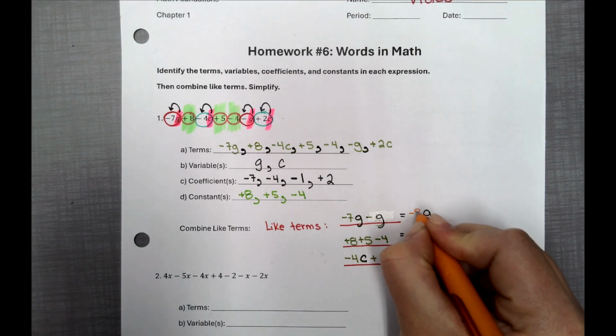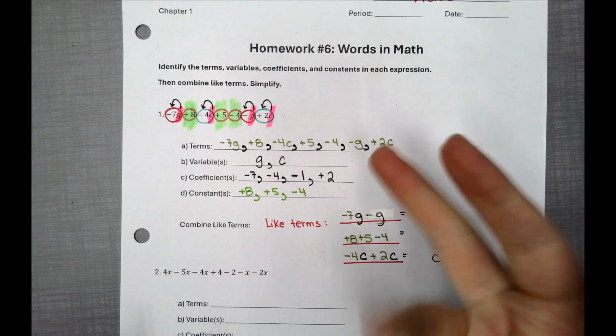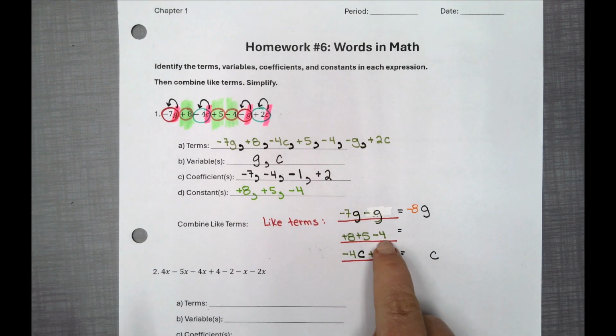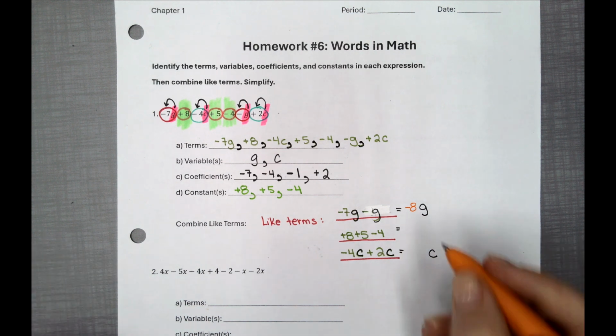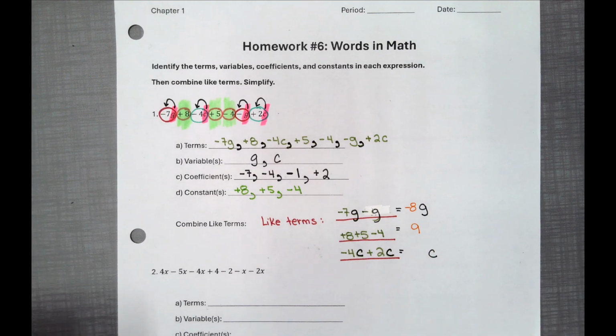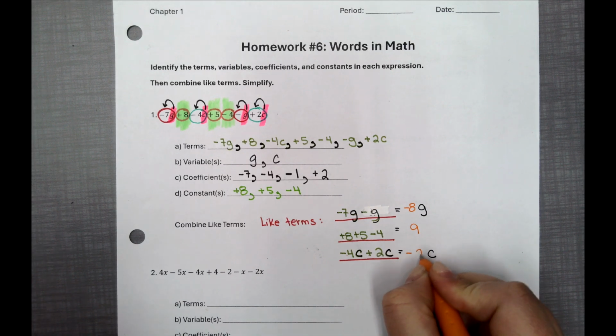That gives me -8. 8, 9, 10, 11, 12, 13. But now I'm taking away 4. So 13 minus 4 is 9. And we just have the number 9 with no letters. Now here I have -4 and 2. So that means I have -2.